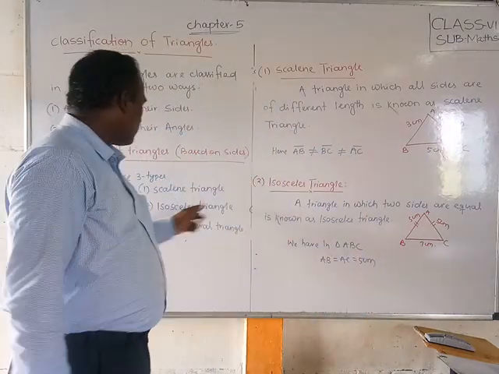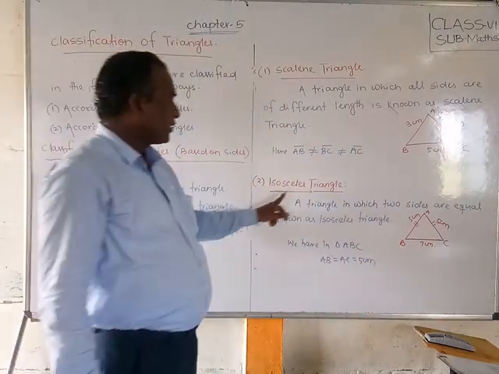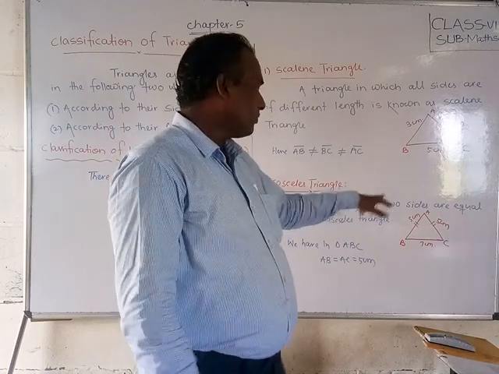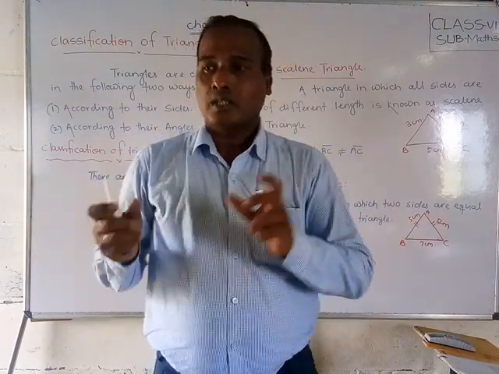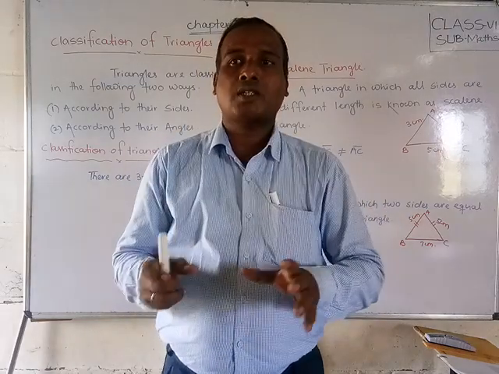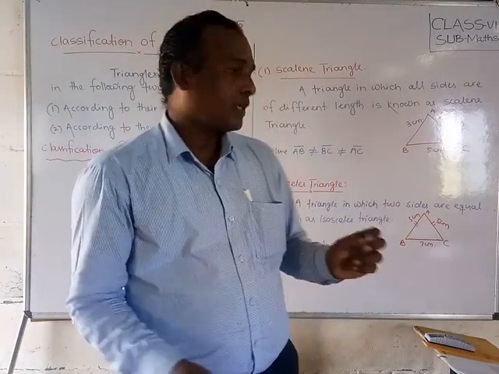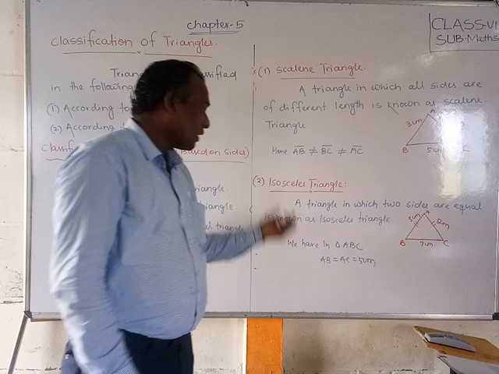Next, the second one is the isosceles triangle. Friends, an isosceles triangle is a triangle in which two sides are equal. If we find that two sides are equal, then we can say it is an isosceles triangle.